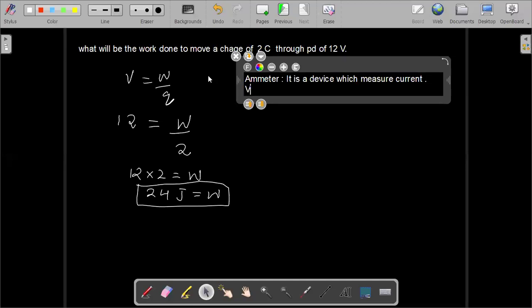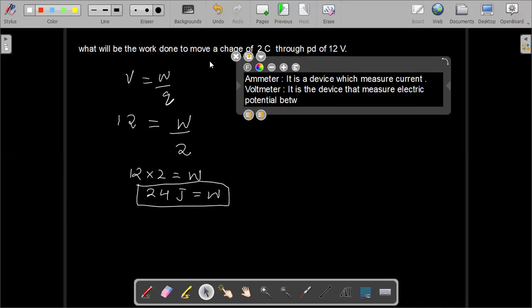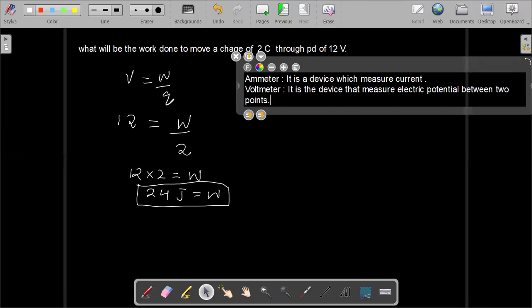Then you have the voltmeter. A voltmeter is a device that measures electric potential between 2 points, and a voltmeter is always connected in parallel to the circuit, whereas an ammeter is always connected in series to a circuit.